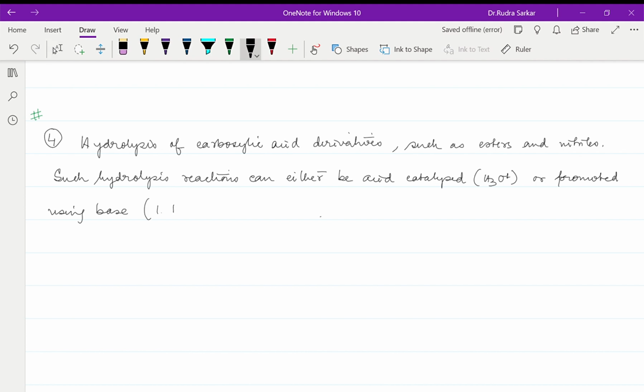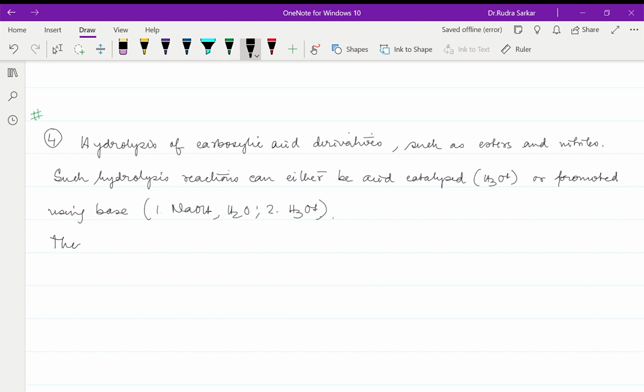That is, we first use sodium hydroxide dissolved in water and finally work it up to regenerate the carboxylic acid from the carboxylate salt of sodium using hydronium ion.